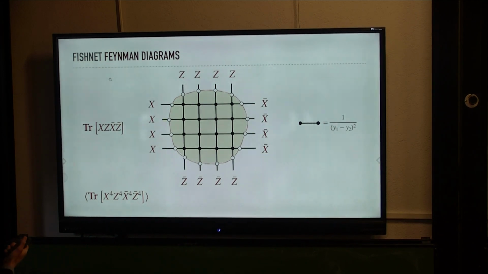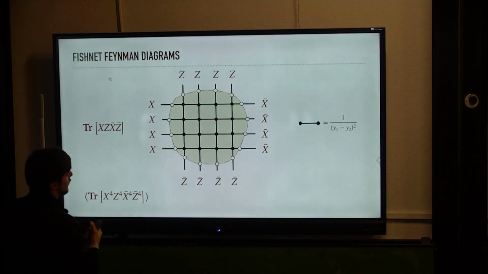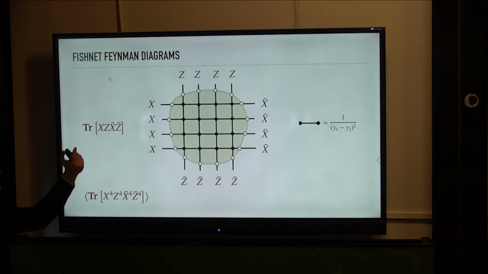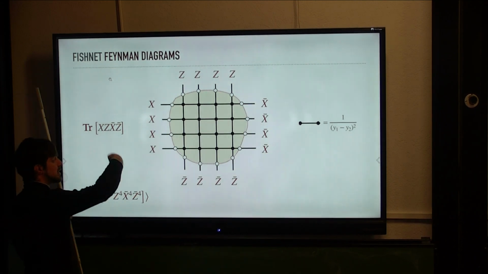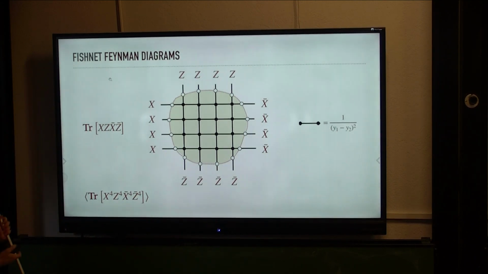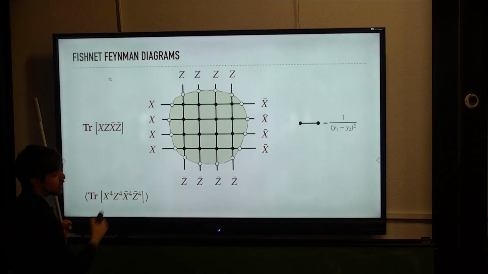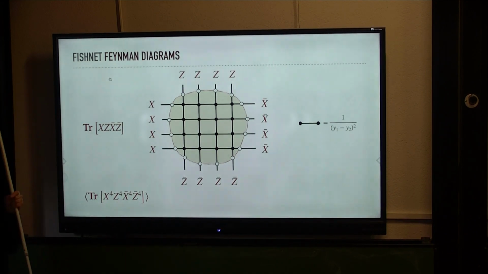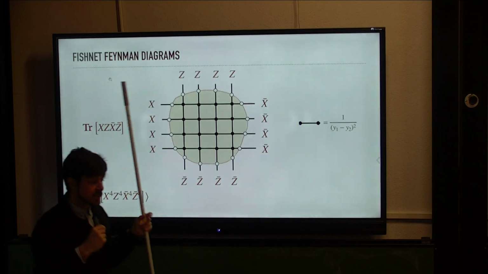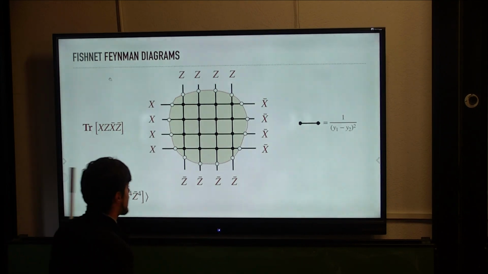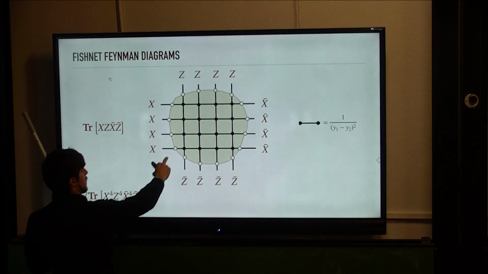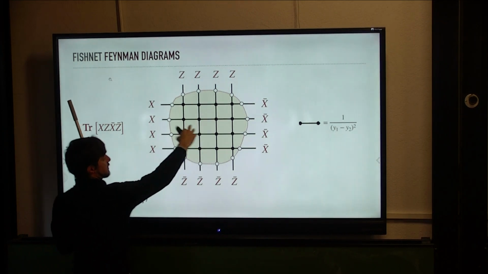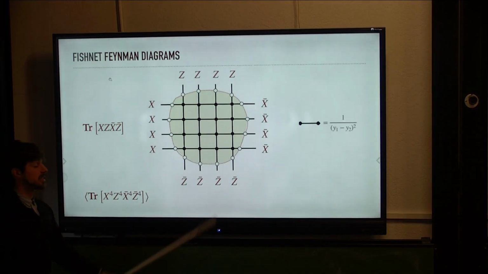Now, in order to get some concrete diagram, imagine this lattice to be infinite. You can draw a disk contour and cut these legs, and set the white dots as fixed points, as external points, and the black dots as integrated points. So the coordinates of these vertices are integrated, the external ones are not.